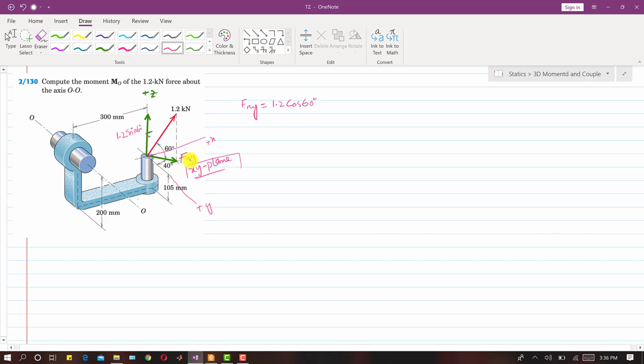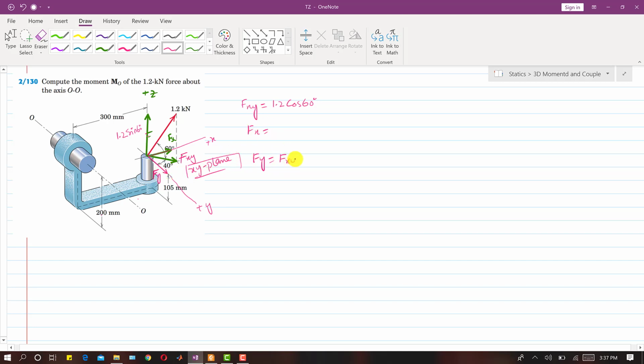And now if we resolve this f of xy into its components along x and y, one component along the y-axis will be f of y, and this will be f of x. Now f of x is the sine component, and f of y is the cos component of this f of xy.